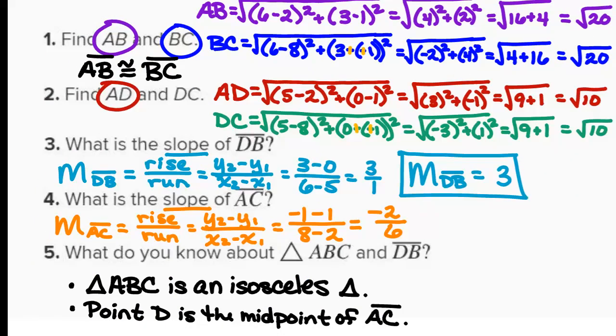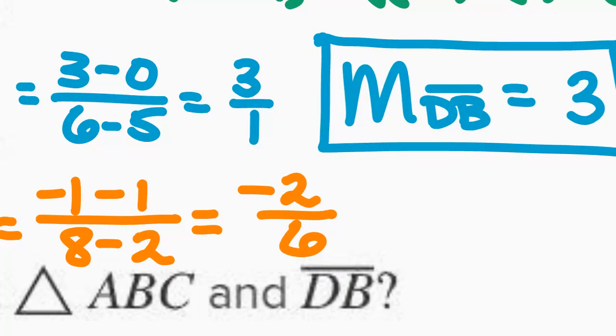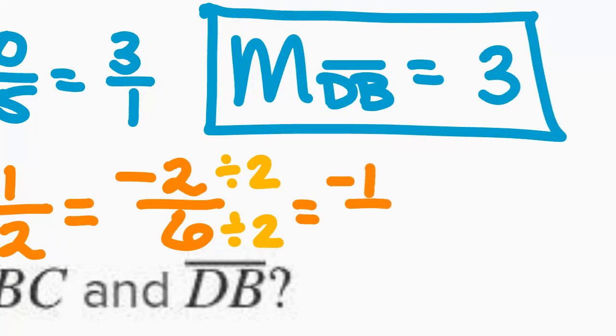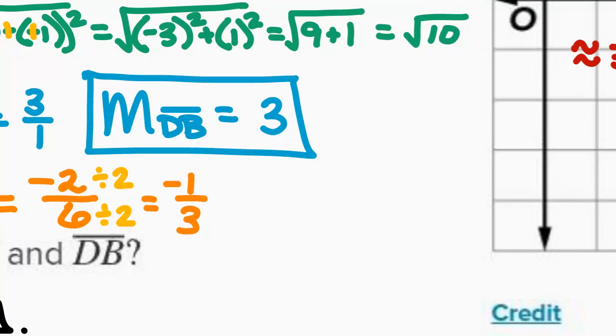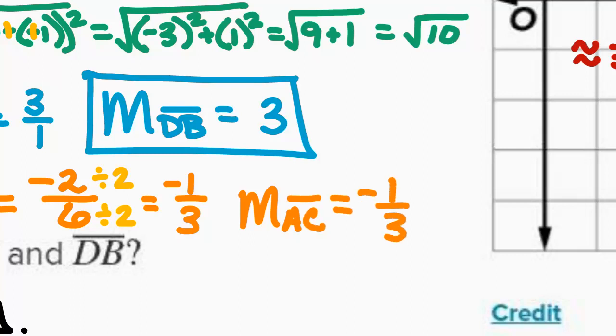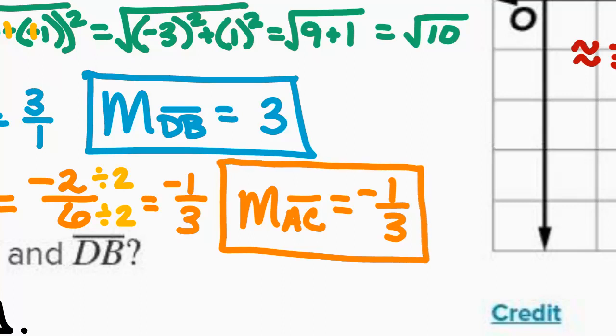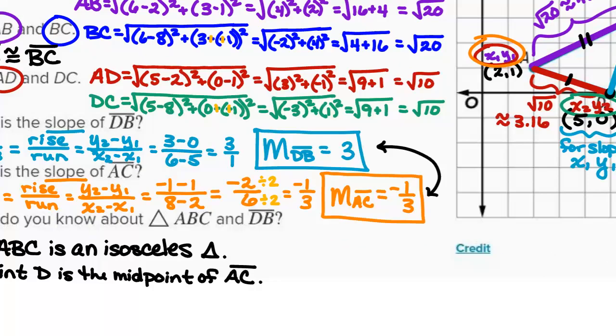Will that reduce at all? What goes into both 2 and 6? 2. So I can reduce top and bottom by 2. What would that give me then? Negative 1/3. So the slope of segment AC is negative 1/3. That's interesting. What do you notice about the slopes?